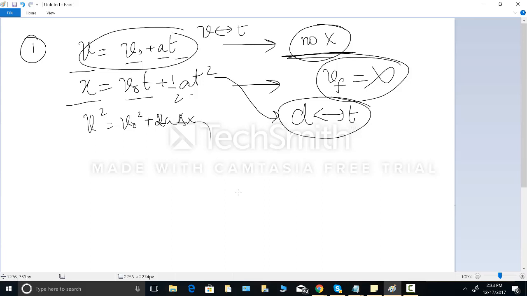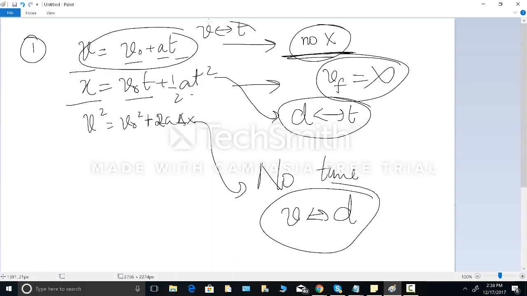And finally, in the third equation, when you don't care about time, or you might care about time, but not in a certain step in problem solving, then you go for the third equation, and that's the equation that relates the final velocity to distance. So the first equation is velocity and time, no distance. The second equation is distance and time, no velocity. And the third equation is velocity and distance.